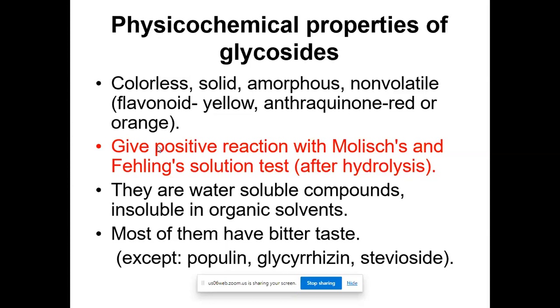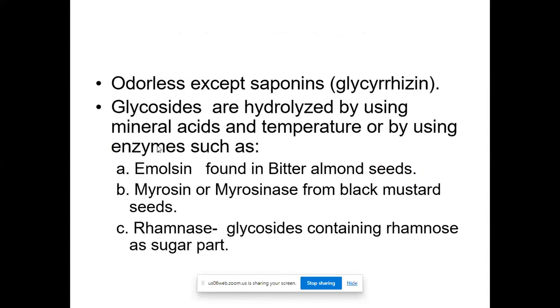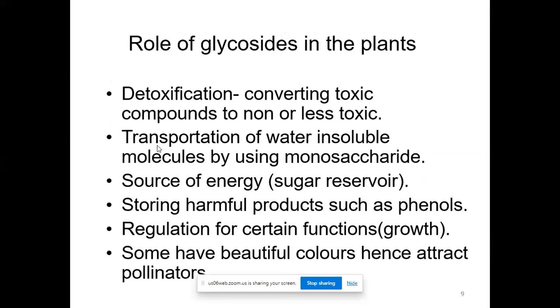Most of them have bitter taste, except the populin, glycyrrhizin, which is the licorice, and the stevin, which are used as, I think, sweeteners. They are odorless except the glycyrrhizin in licorice. So glycosides are hydrolyzed by using mineral acids and temperatures, or by using enzymes such as emulsin, myrosin and rhamnase. This is just basically recap.